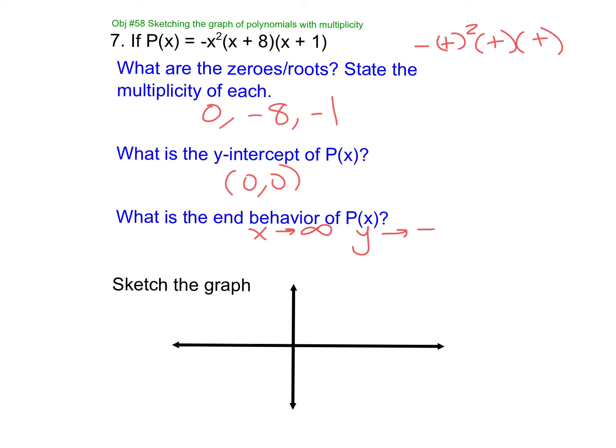That gives me a negative. So we're going to be going down on the right. When x goes to negative infinity, we've got that negative in front, and then negative squared, a negative, a negative. So that gives me a negative. So we're also going down.